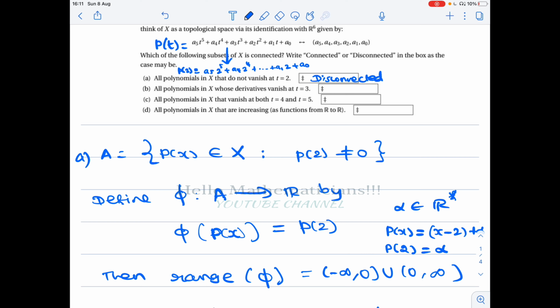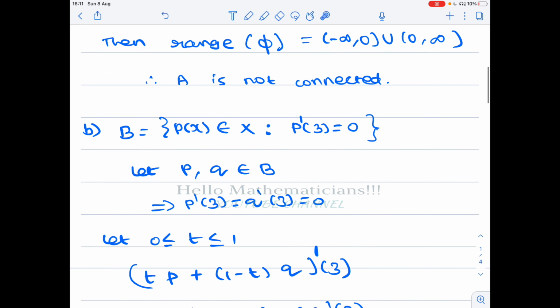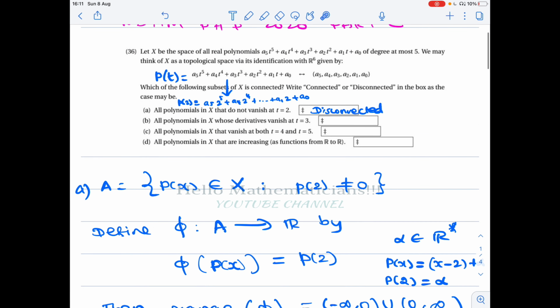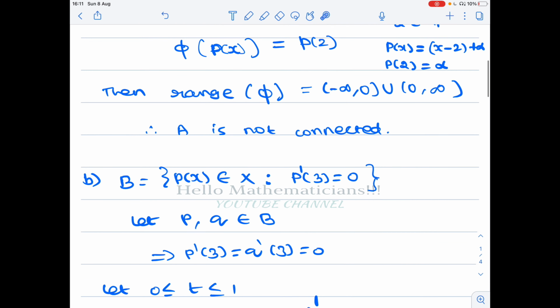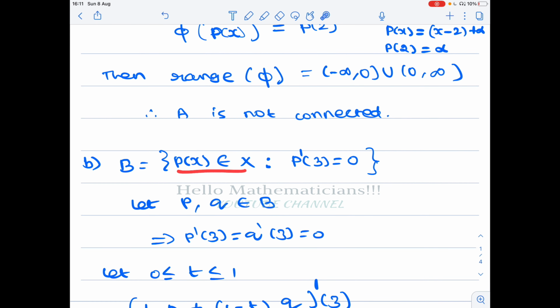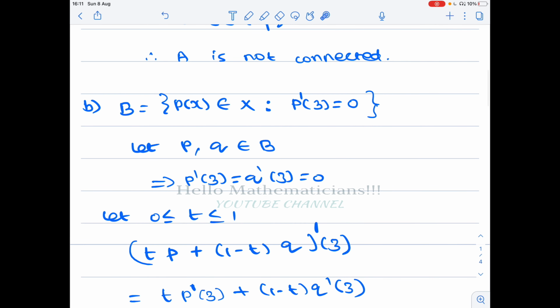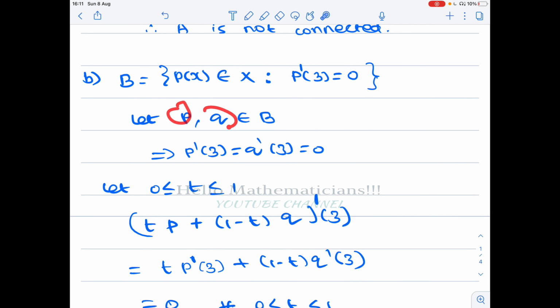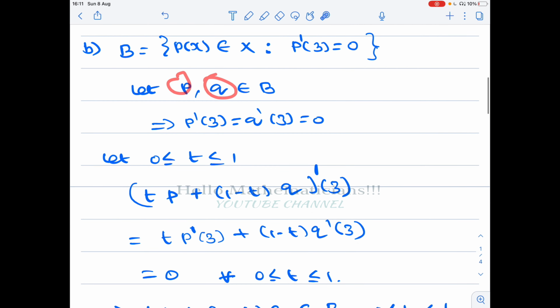The remaining options are very similar. Let's look at polynomials whose derivative vanishes at t equal to 3, the set of all polynomials such that p prime of 3 equal to 0. We claim that this space is path connected. Path connected means you take two points here, and there is a path joining them.